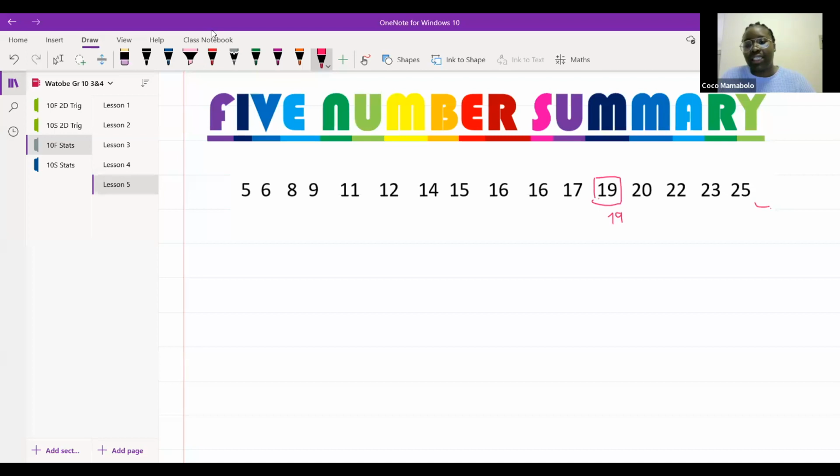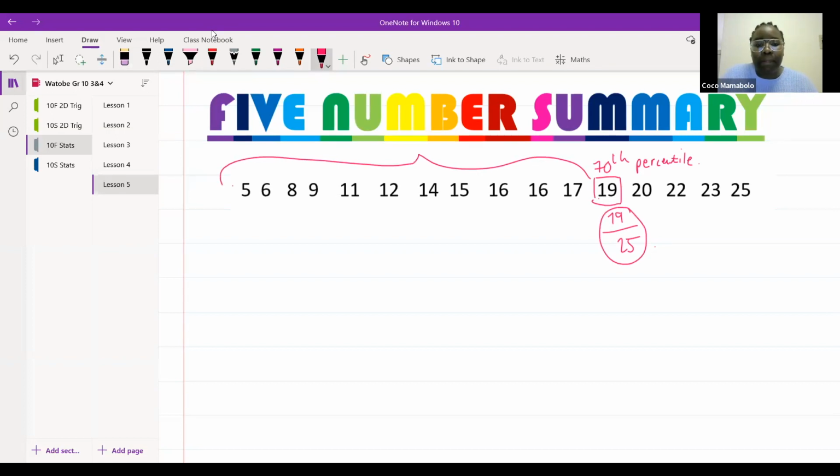If you are in the 70th percentile, what that means is that if you got 19 out of 25, then you did better than 70% of the class.